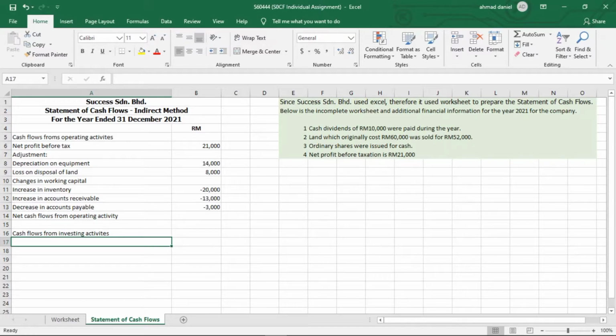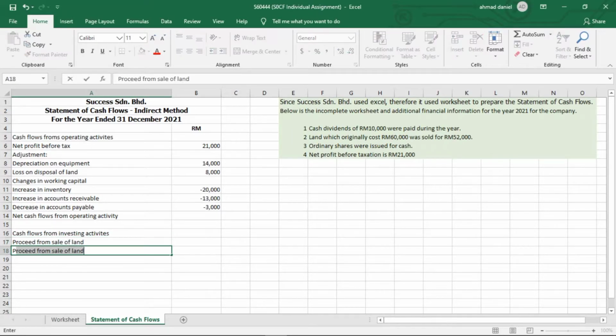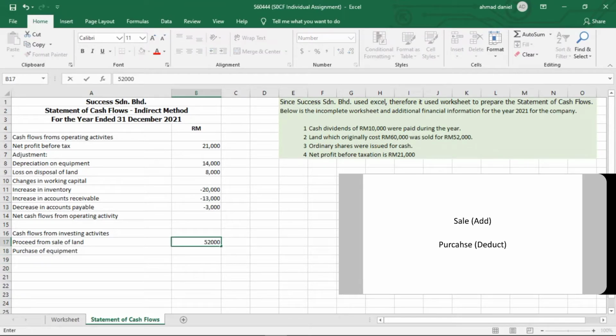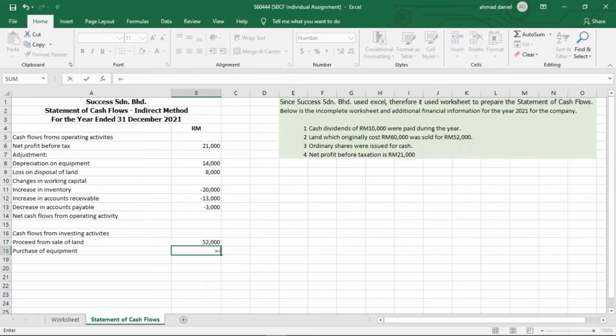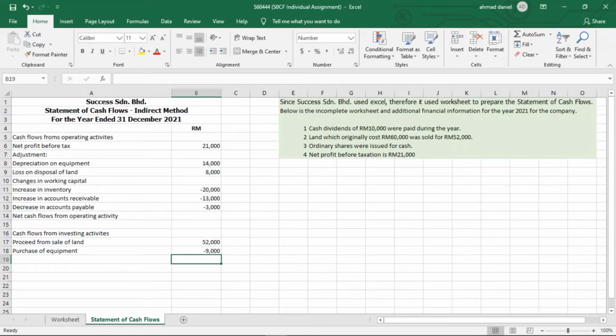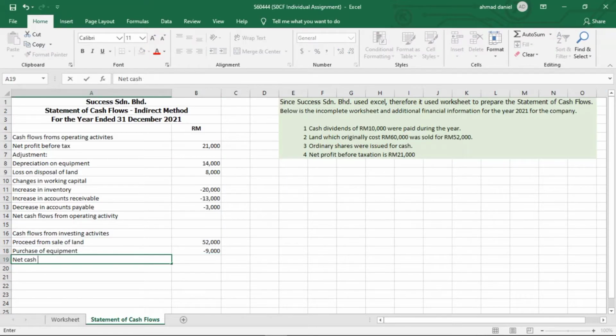We take the amount from the reconciling items. If sale, we just add, but purchase, we will deduct the amount. Then we sum.